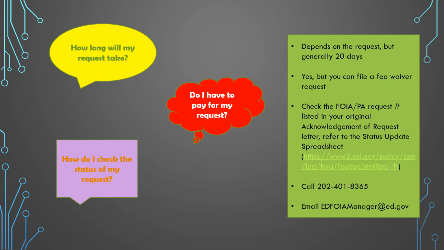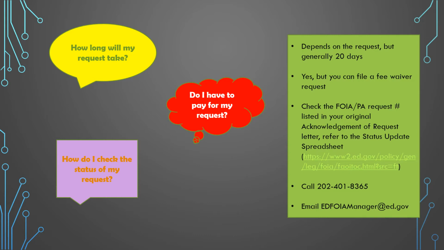There's media, and there's other requesters too, but in the end, they want you to at least have a willingness to pay, or openness to pay, regardless of what category you fall into. Doesn't necessarily mean that you're going to have to pay, but they generally grant the fee waivers. It really just depends upon the subject, the volume of information and data that has to be sent to you, and your ability to spread or share that information too.